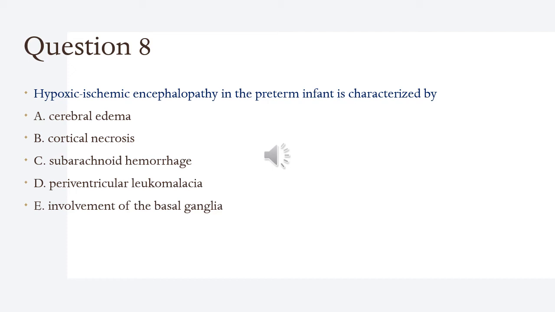But in a preterm infant, HIE is characterized by PVL. So the correct answer here is PVL. All others are characteristic of a term baby, not of a preterm infant.